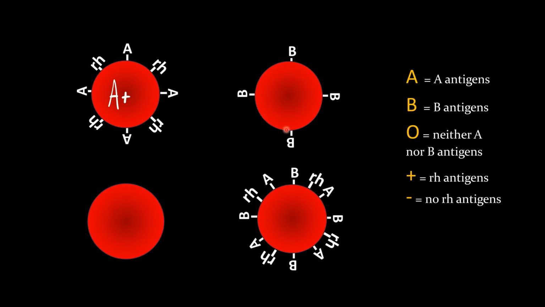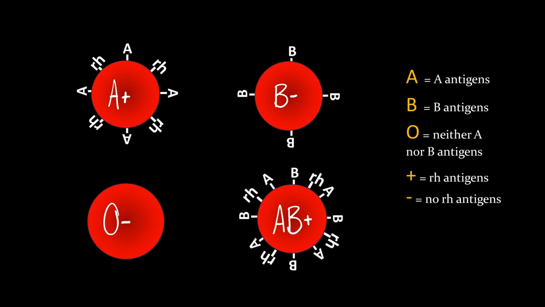Here, this would be B negative. Bottom left has no antigens, so it would be O negative. And the last one, AB positive.